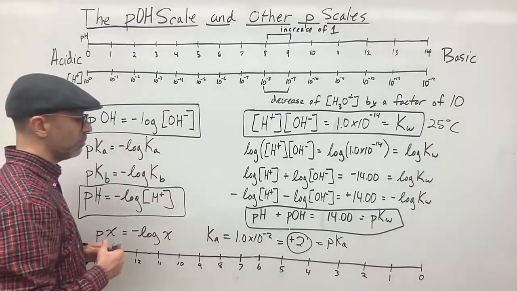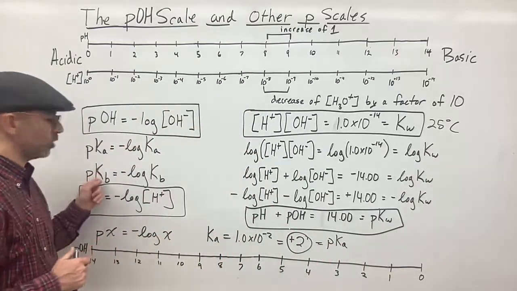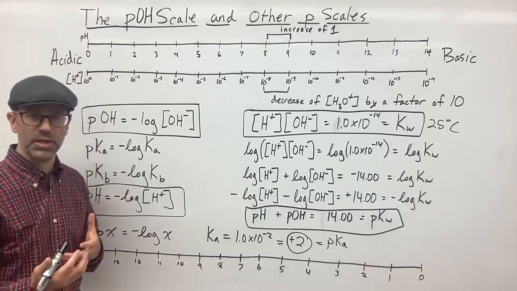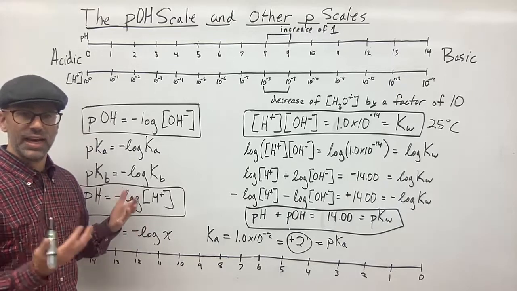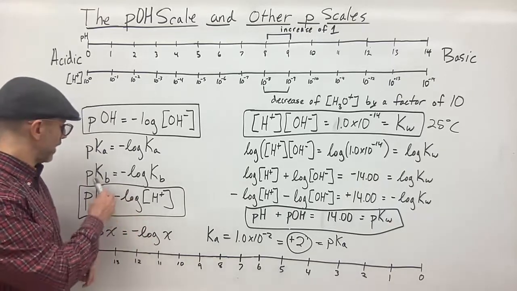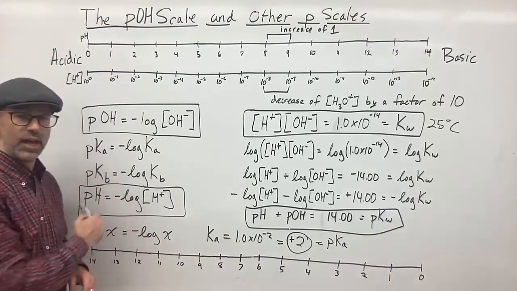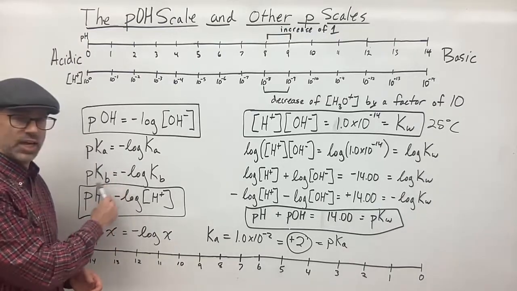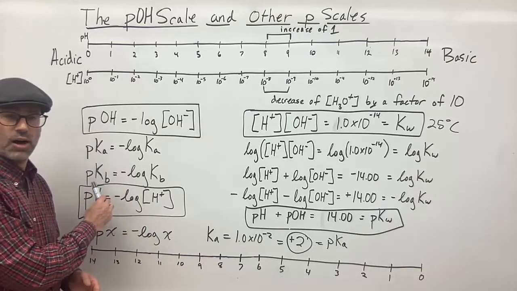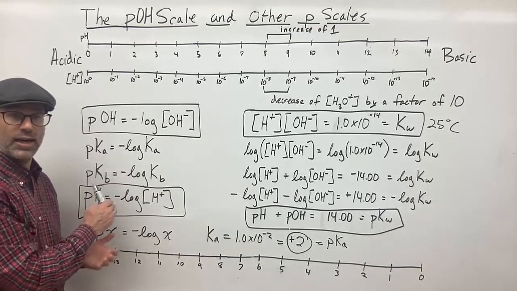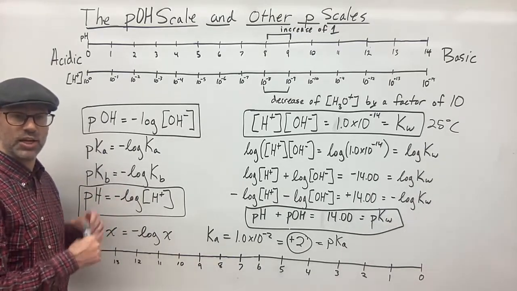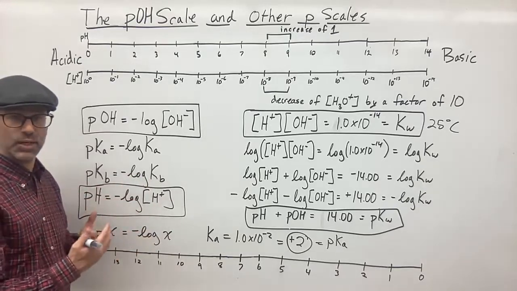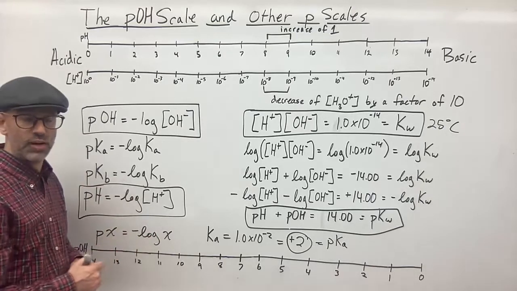Same thing with what is called pKb. I haven't talked about pKb or Kb in any videos yet, but you can imagine that B stands for base. So we could talk about the dissociation constant of a base in water, and that would be the equilibrium constant of a base reacting with water, and how easily it would ionize or dissociate in water.